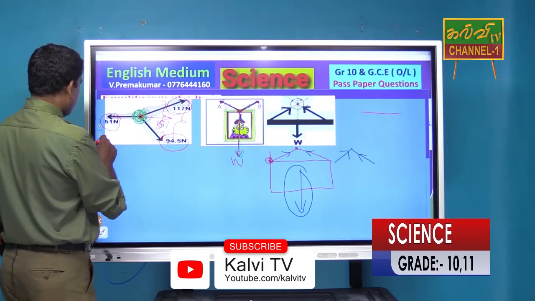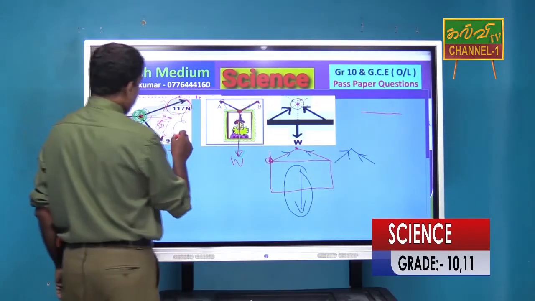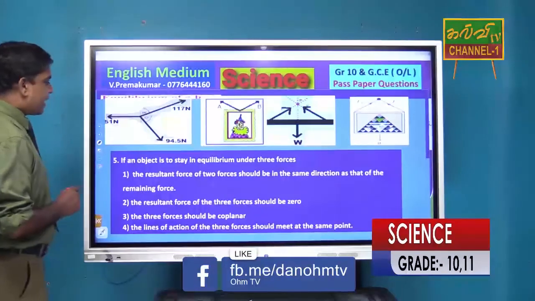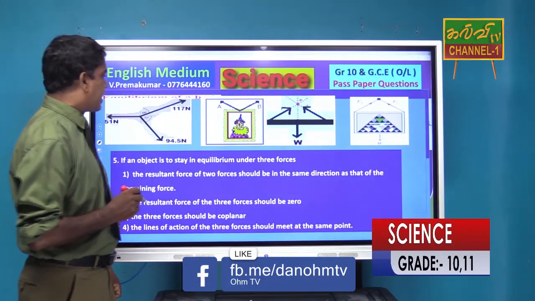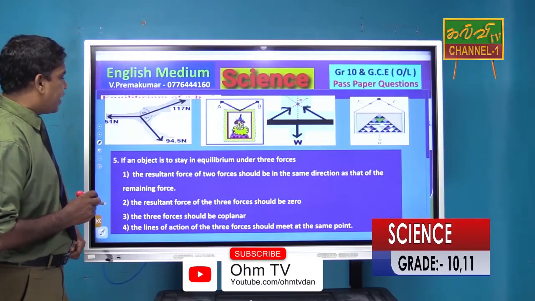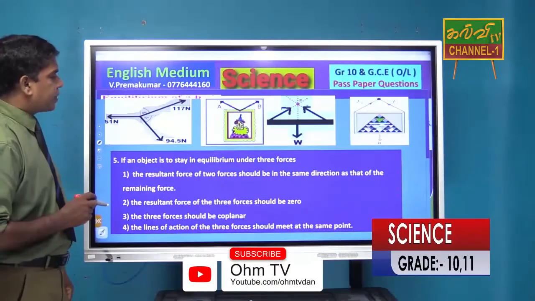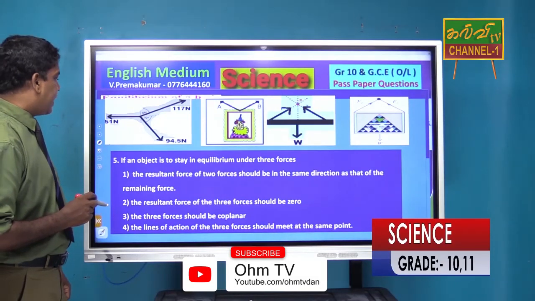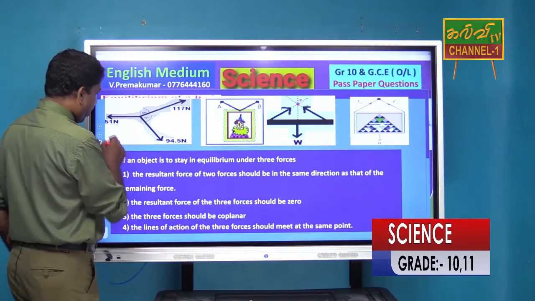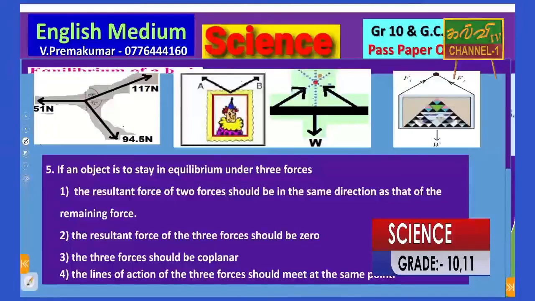Okay, now we discuss this. If an object is to stay in equilibrium under three forces, we already discussed this matter: the resultant force of two forces should be in the same direction as the remaining force. What is wrong with that? Here we already studied, and they have mentioned same direction.